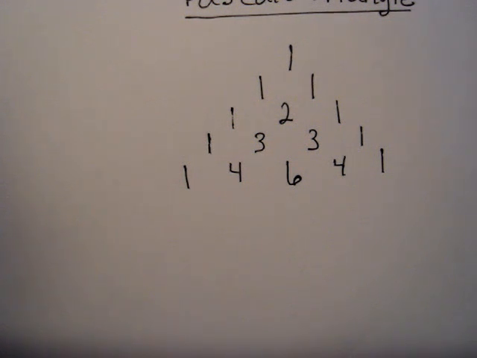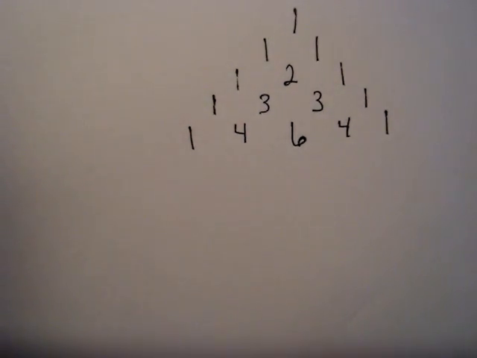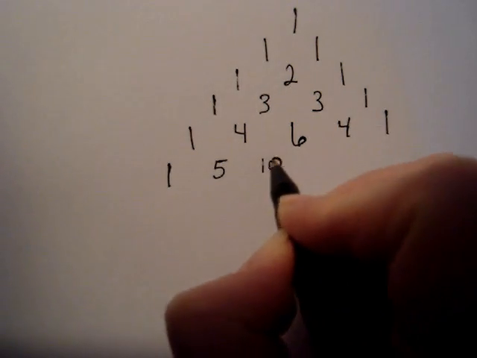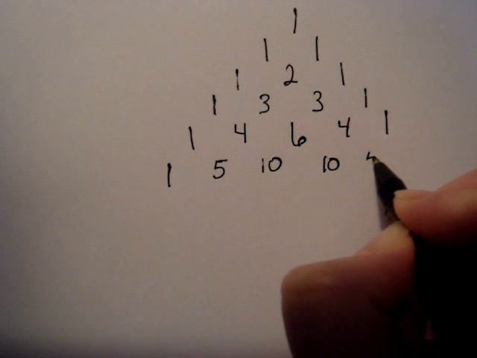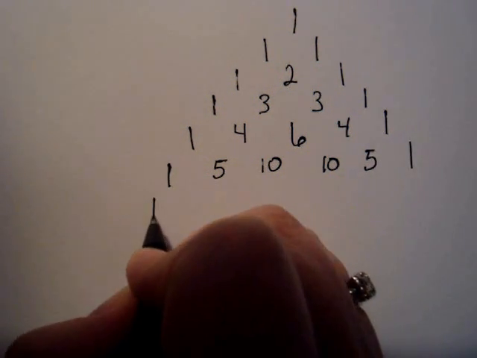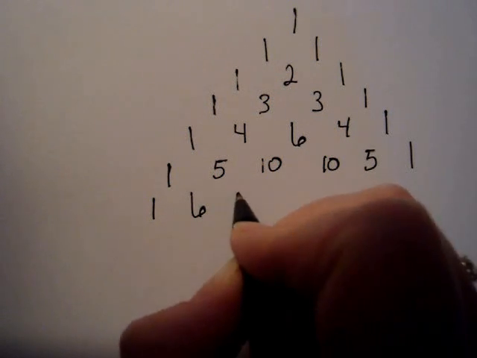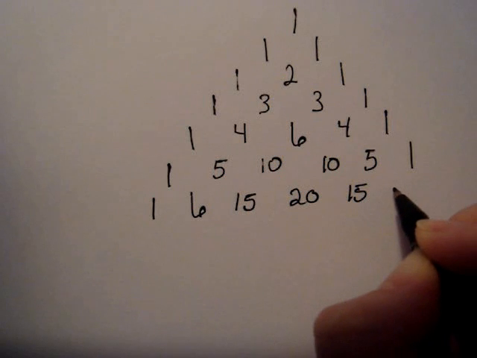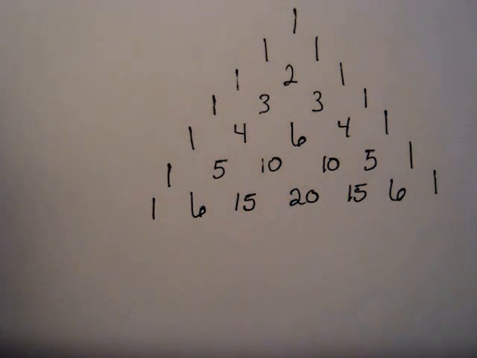Let's do a couple more rows just for fun. Let's see. 1, 5, 10, 10, 5, 1. Let's do one more. 1, 6, 15, 20, 15, 6, 1. Now you could go all day once you understand the pattern.